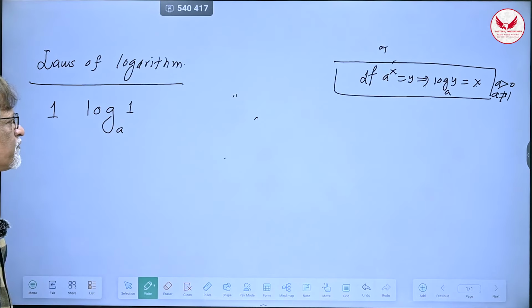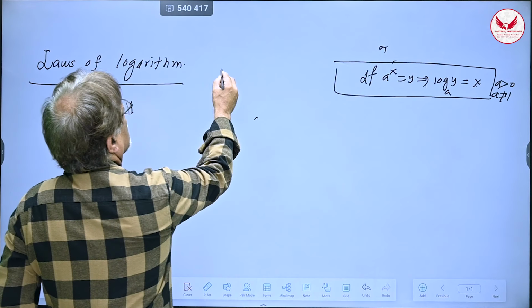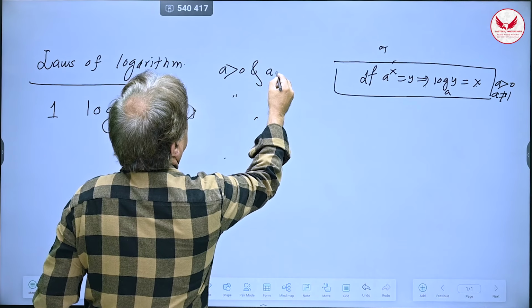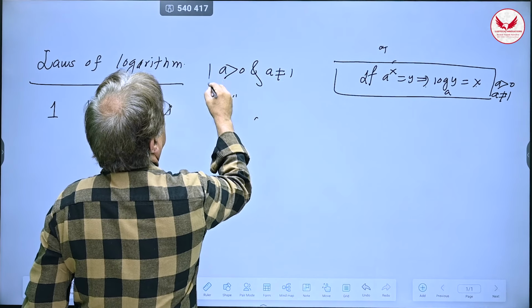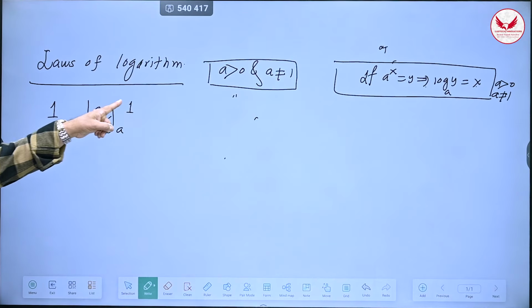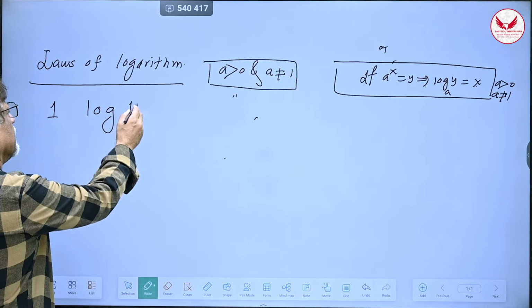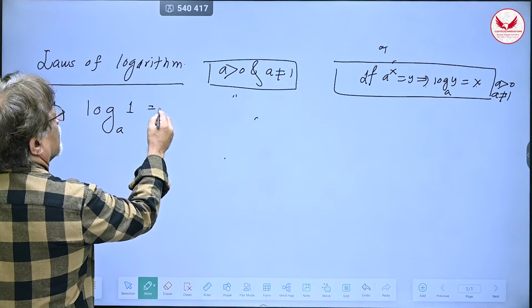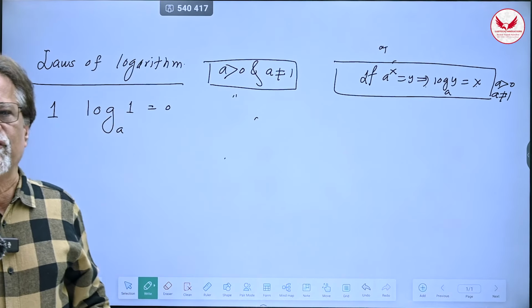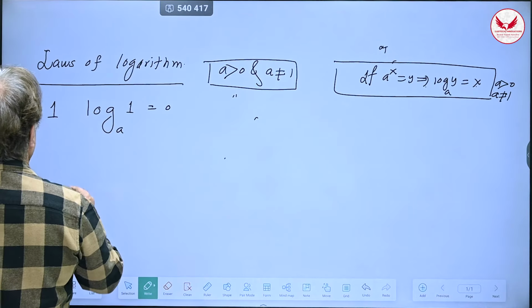For all the notation, this is a blanket assumption: a is positive and a is not equal to 1. I don't have to specify it again and again every time. Correct? Provided a is positive and not equal to 1, then log of 1 to the base a is 0. Why? Because we know a raised to 0 is 1. Right? So that is the first rule.